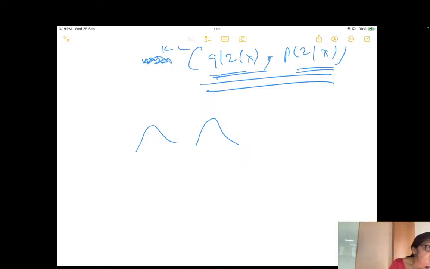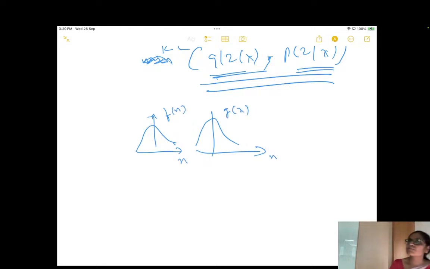How do you, what differences do you take? One is f of x, other one is g of x.